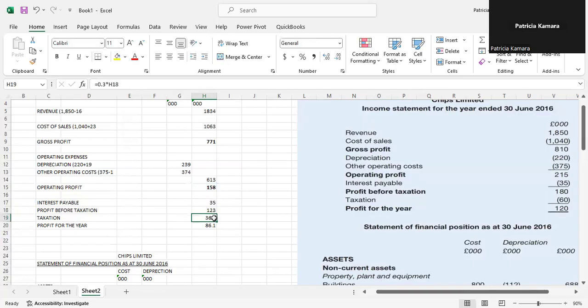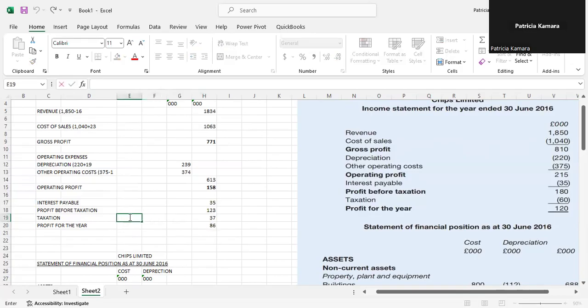So tax now is calculated. We're given that tax is 30%, the same as 0.3 multiplied by the profit before taxation, which is 123. This will give us 36.9. Remember, we are working with whole figures, so we'll just type that to be 37.